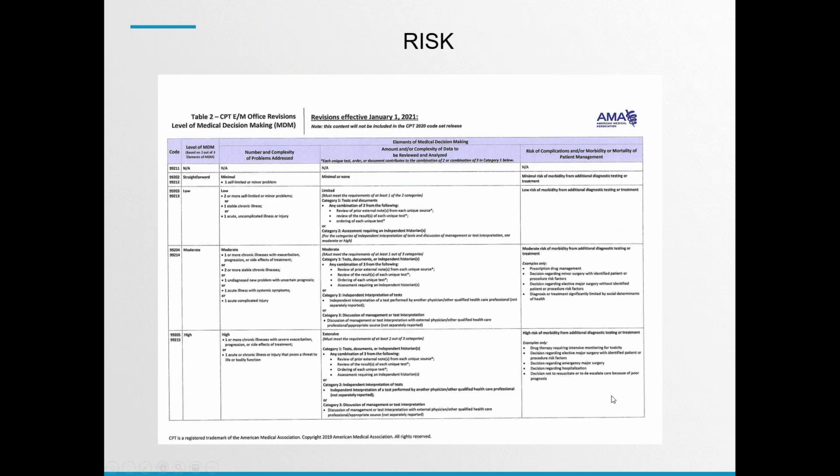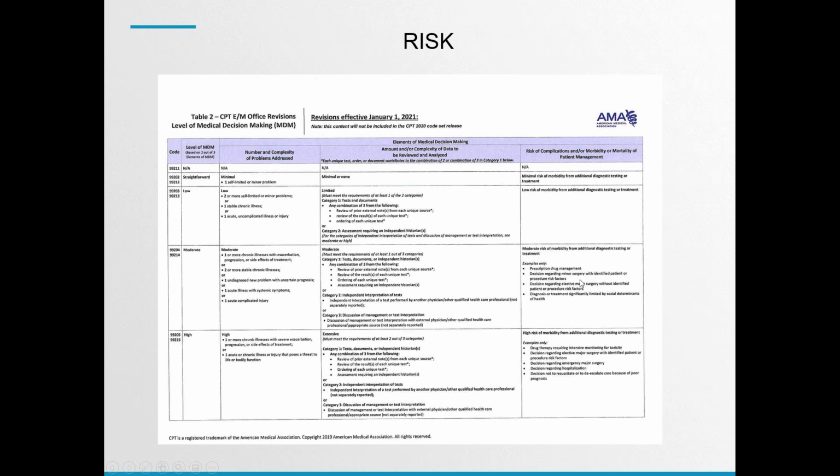Which brings us to our risk category now. So we went over everything in the data elements column. When we look at risk, anything that is straightforward is minimal risk. And low risk, again, things like over-the-counter medication. There's always some risk when you take an over-the-counter medication, but it's typically a low risk. Your moderate risk, your prescription medication, a lot of this didn't change from the 95 guidelines.